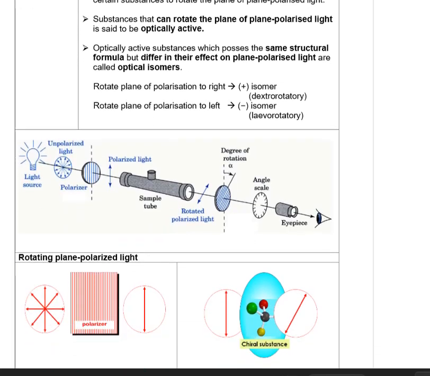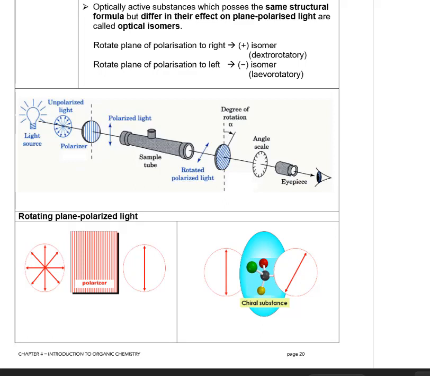Okay, so if the compound can rotate plane polarized light, so we call this compound as optically active. So the compound that can rotate the plane polarized light, we call it as chiral substance. Okay.